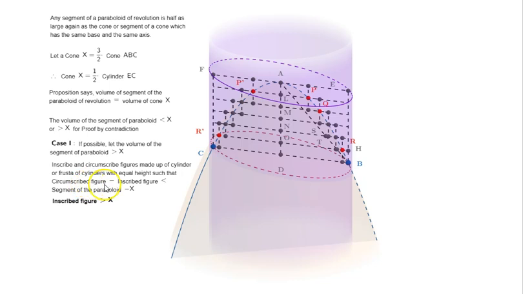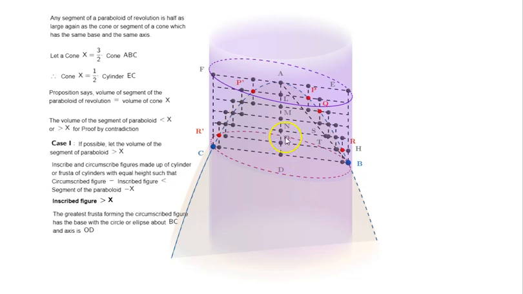Because the circumscribed figure will be greater than the segment of the paraboloid. Now, to maintain that inequality, it means that the inscribed figure is also greater than X.